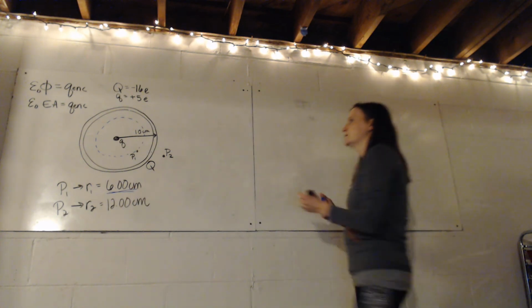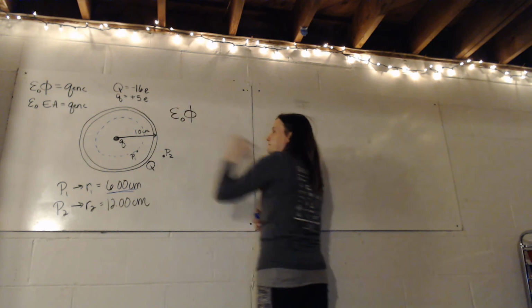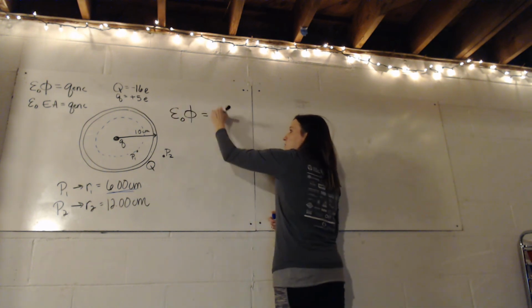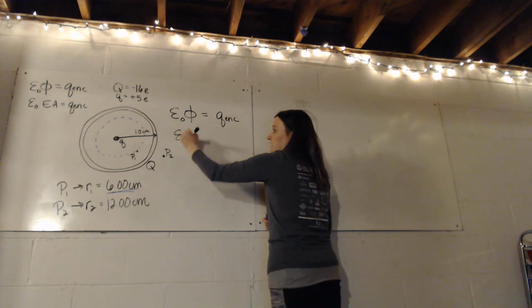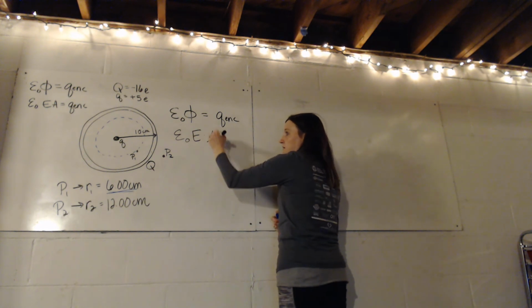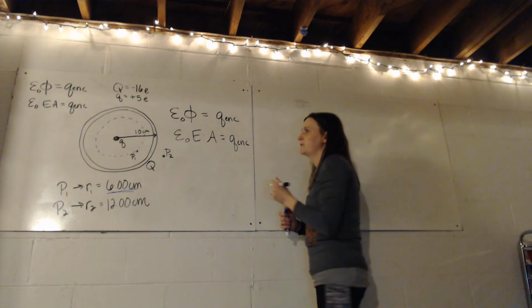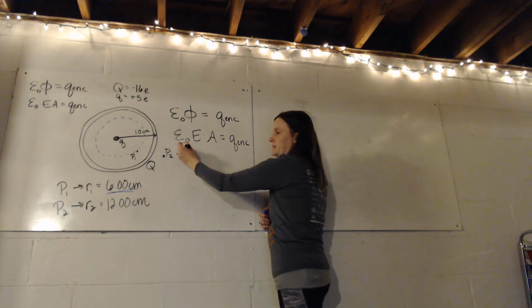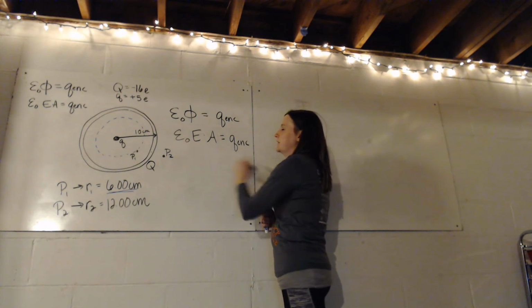So I'm going to take Gauss's law: epsilon naught times the net flux is equal to the charge enclosed. I can rewrite this as epsilon naught times net flux, which is the electric field times area, is equal to Q enclosed. What I know is my epsilon naught, that's a constant value, 8.85 times 10 to the negative 12.